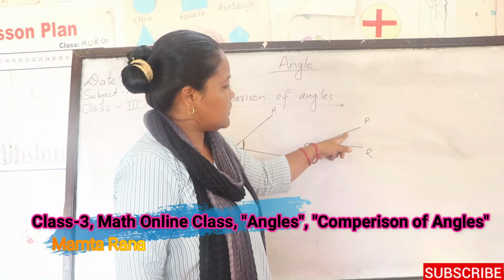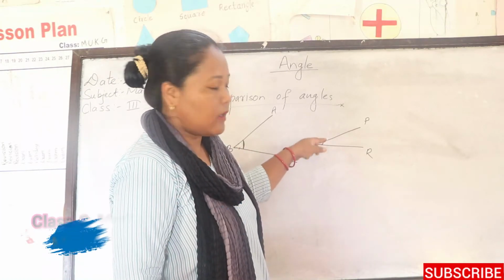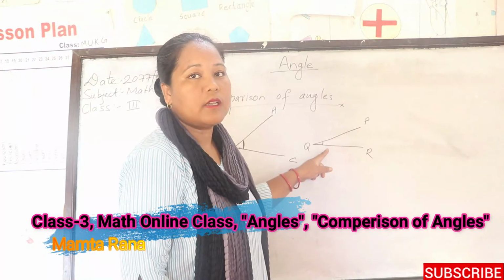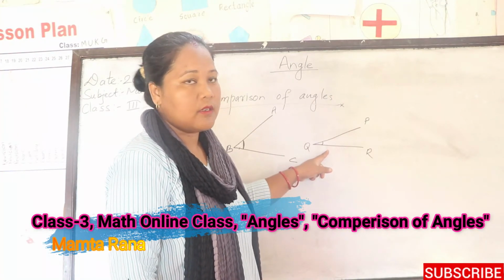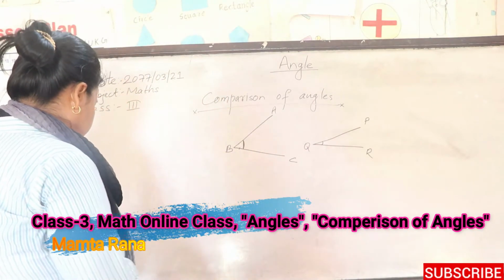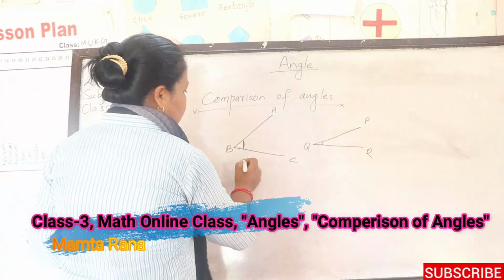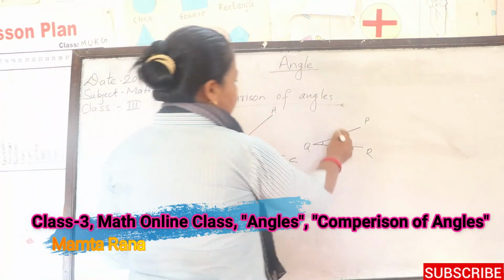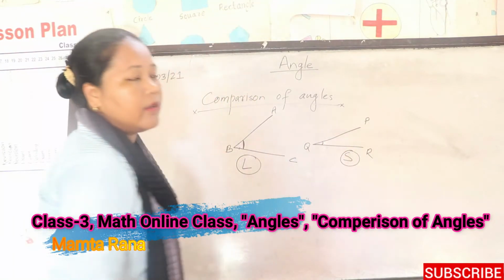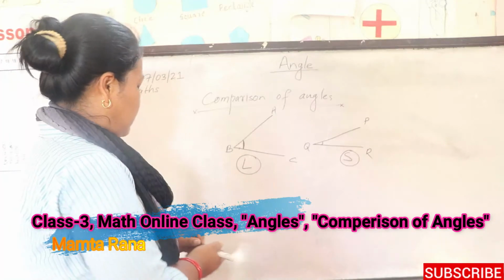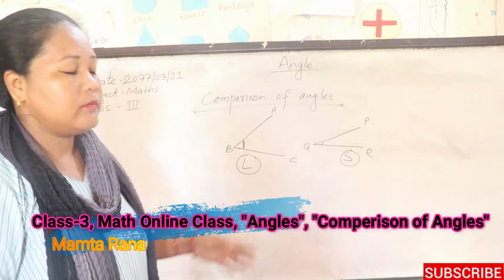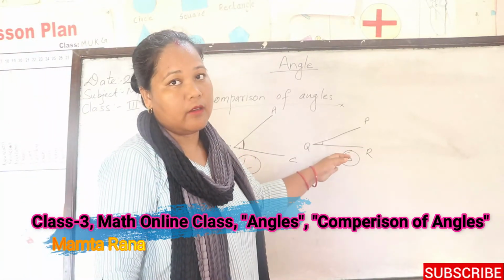And if the distance between the two line segments is smaller, then this is the smaller angle. So which angle is larger? This one is the larger angle and this one is the smaller angle. There is no problem to compare the angles.